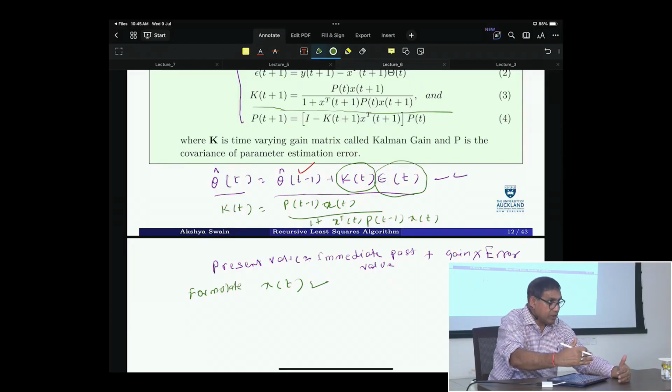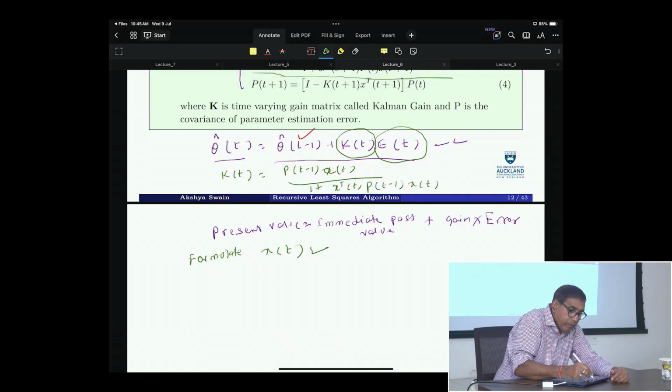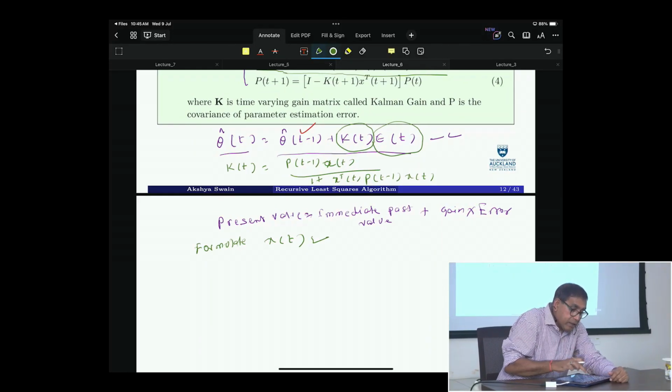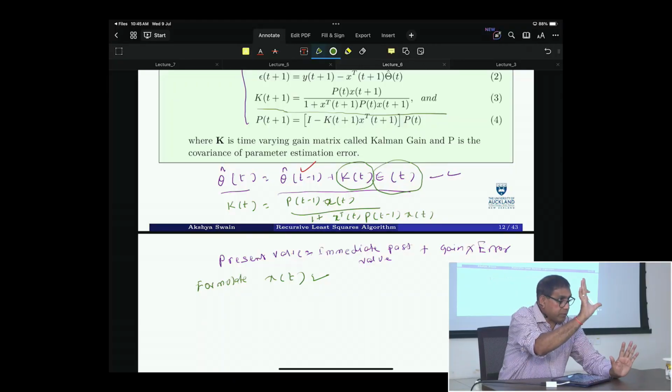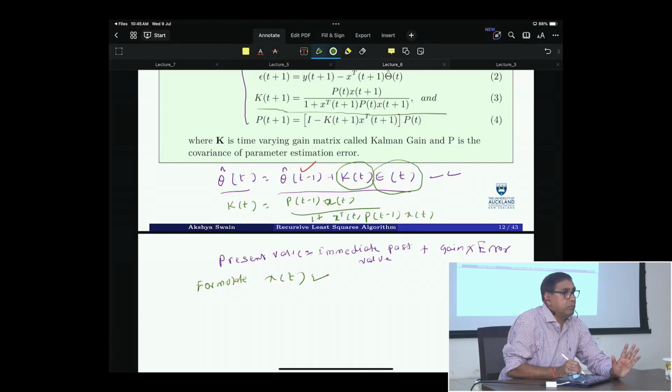You understand these things? So that is an initialization phase. You have to assume, because see where I am coming from. Let me just summarize before I proceed further. Theta cap t is equal to theta cap t minus 1 plus kt epsilon t. You are at time t, so theta cap t minus 1 is known.